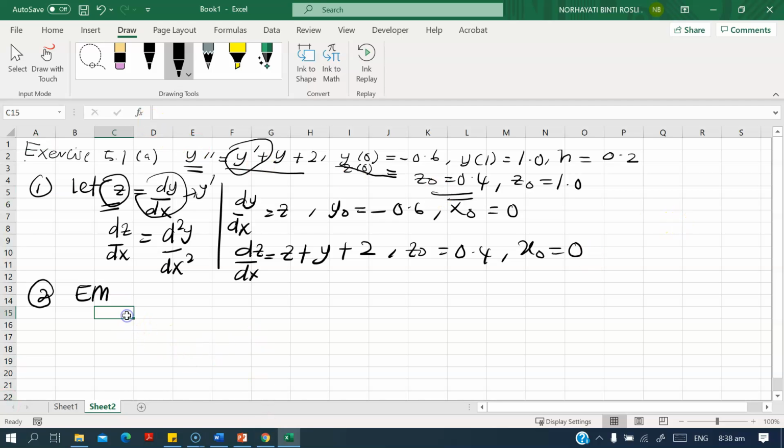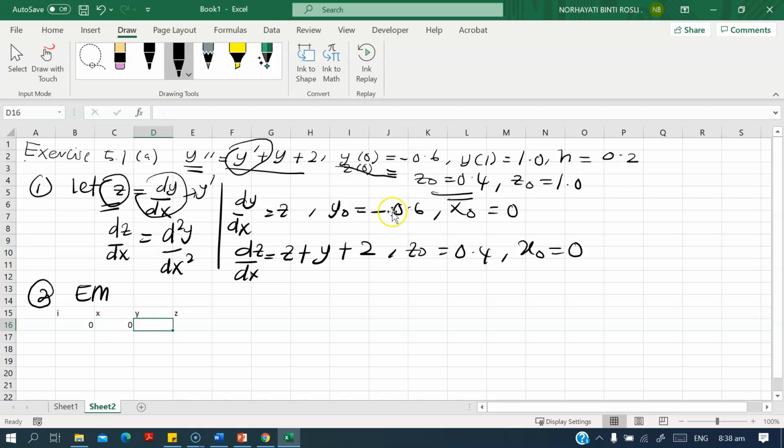So now, when using Excel, this is our x. The first columns are x, y, and z. And then x starts with the initial value. We write here our i, which is i equals 0. The initial value here is 0, which is the value given in the question.